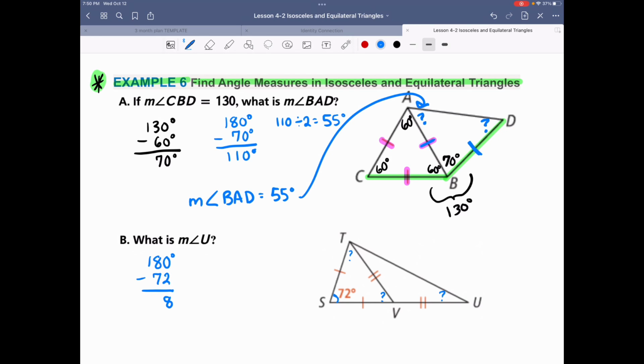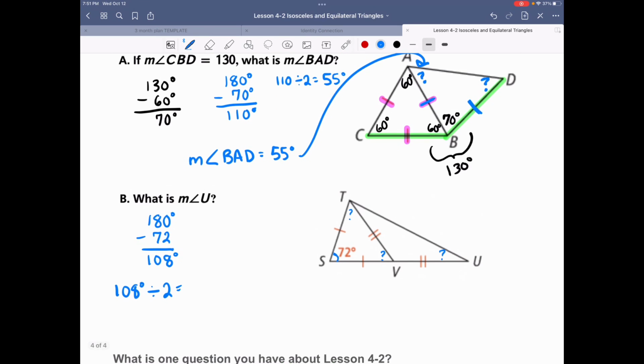and we get 108 degrees. Then we're going to divide 108 by 2, and that gives us 54 degrees. So that means that angle T and angle V equal 54 degrees. So I'll write that in, 54, 54.